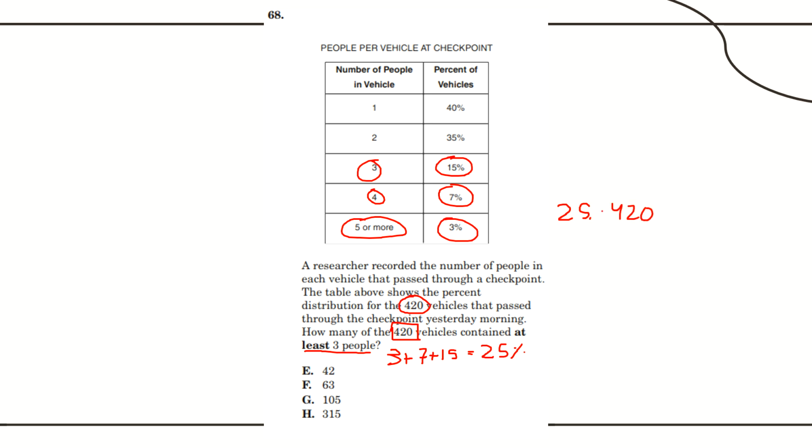Now we're doing 1/4 times 420, and if we do that, we get 105, and 105 will be the answer, G.